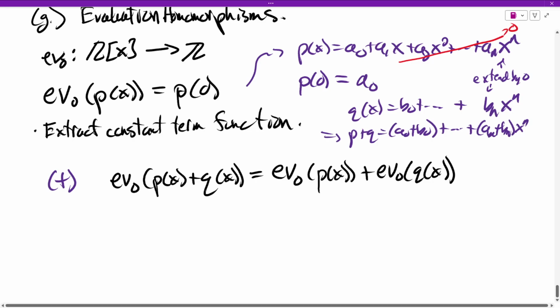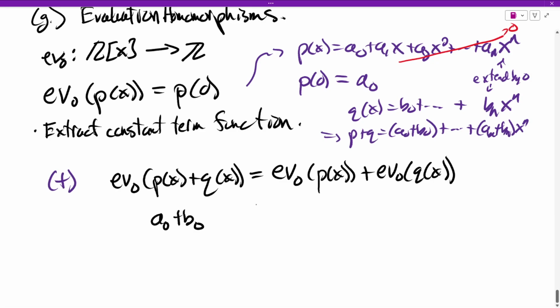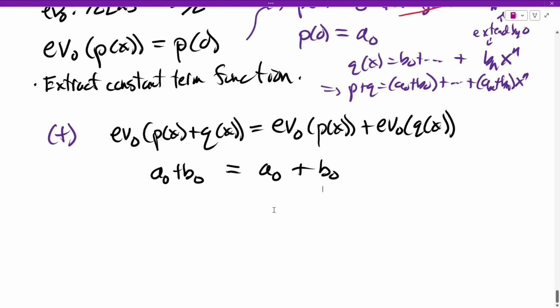In particular, on the left-hand side, since we have to extract the constant term, the constant term of P plus Q is A0 plus B0. And ev naught of P of x is the constant term for P, so that's A0. And ev naught of Q is the constant term for Q, and that's B0. All right, so is it compatible with addition? Yes, it is.